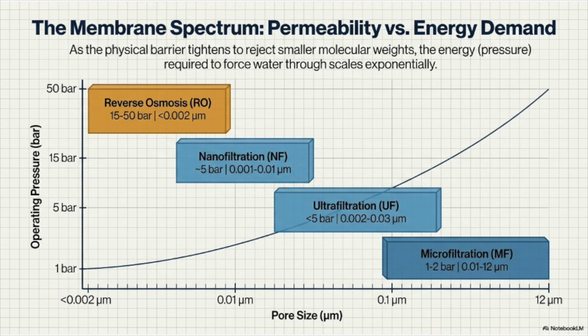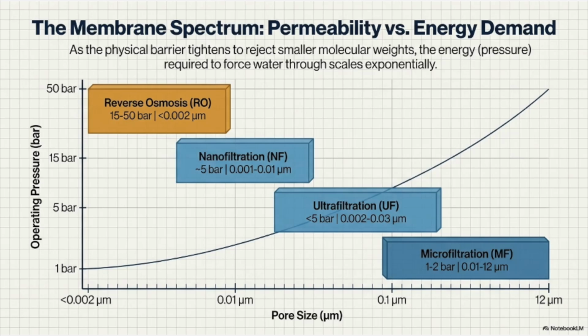Within the membrane spectrum, there is a clear relationship between permeability and energy demand. As the physical barrier tightens to reject smaller and smaller molecular weights, the pressure required to force water through increases exponentially. Microfiltration operates at just 1 to 2 bar with a pore size of 0.01 to 12 micrometers. Ultrafiltration operates at less than 5 bar with a pore size of 0.002 to 0.03 micrometers.